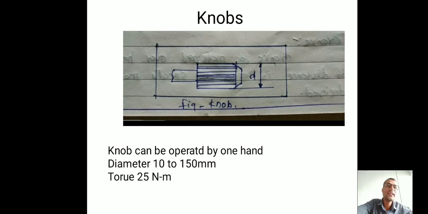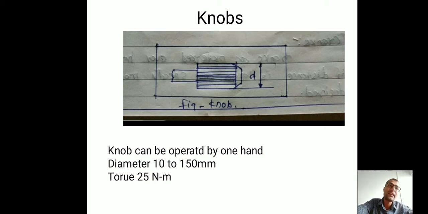Because if we design the diameter of the knob in between 10 to 150 millimeter, then we can operate that knob easily with one hand. Because we know a knob can be operated by only a single hand.